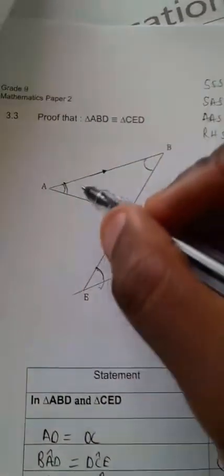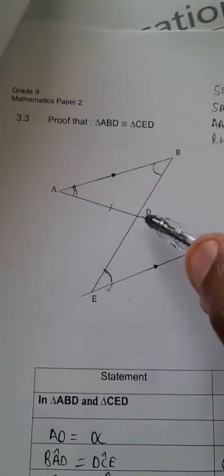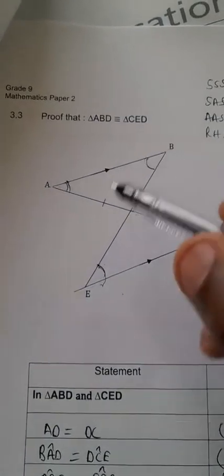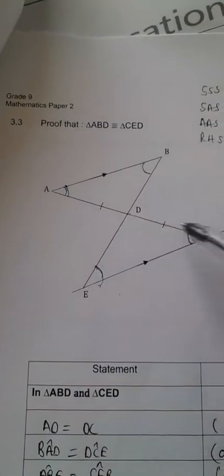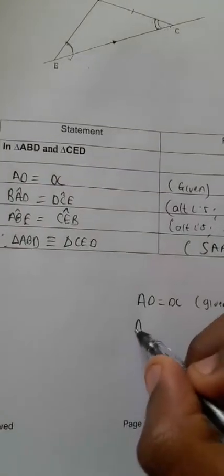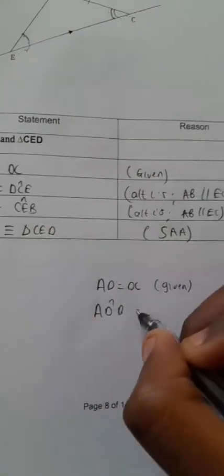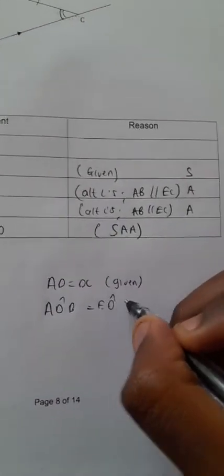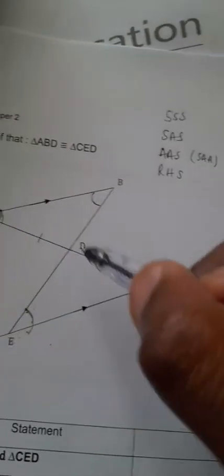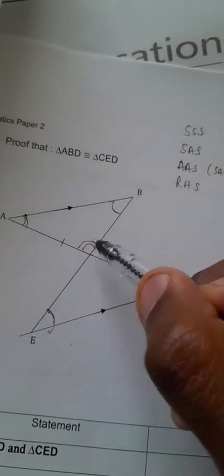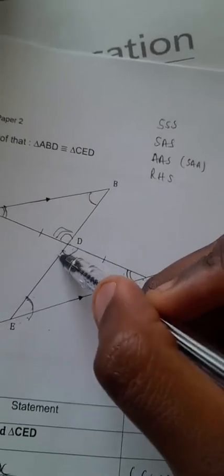Someone else could have said angle ADB is equal to angle EDC. In other words, this angle is equal to this angle.